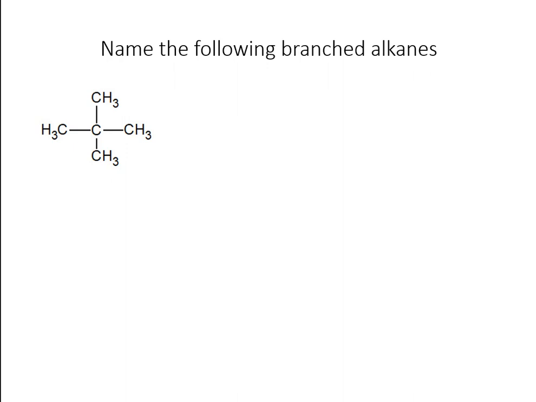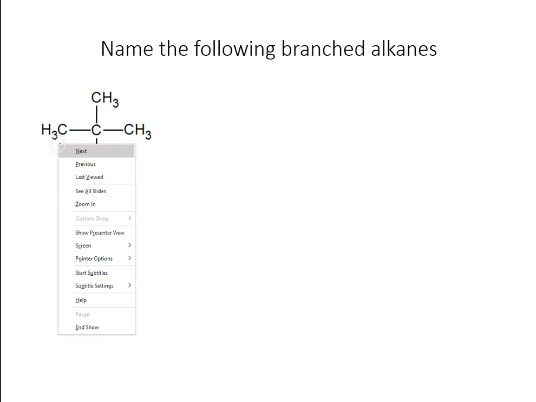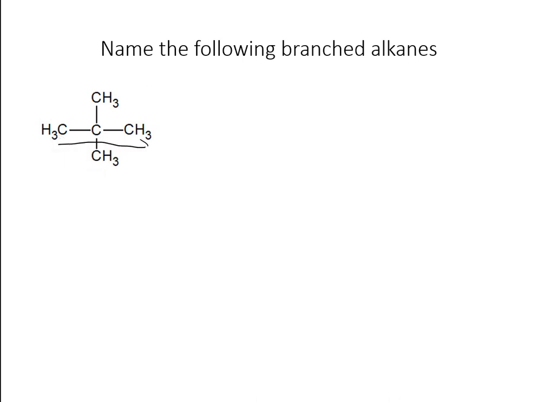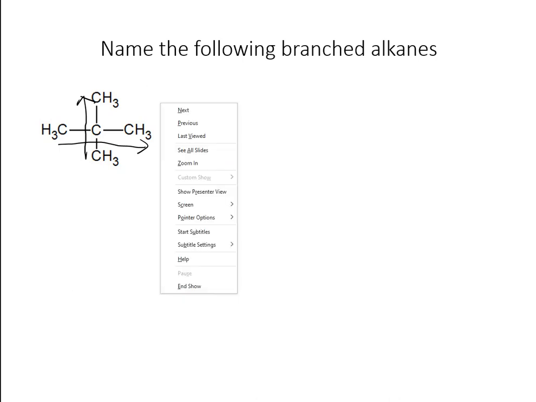Let's look at this molecule. What is the name of this molecule? This molecule has several chains, but the chain we are going to look at: chain number 1 is from here to here. Chain number 2 is from here to here. You can take either chain and name the molecule based on which of the two chains you want to use.